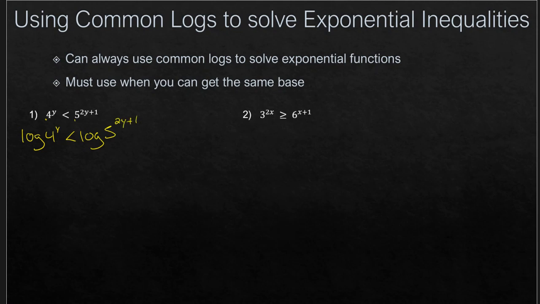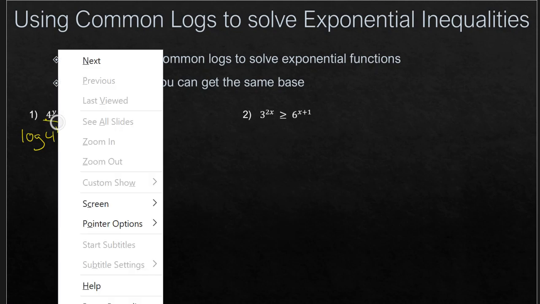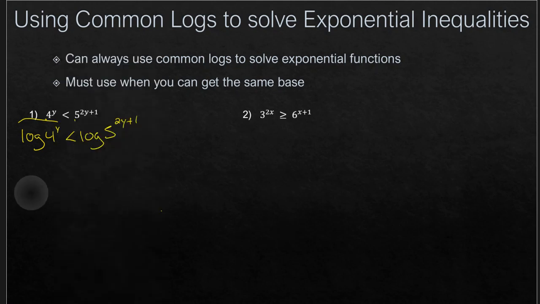Again, now we have the same base, so we can bring the exponents in front. So it'll be y log 4 is less than 2y plus 1 times the log of 5.